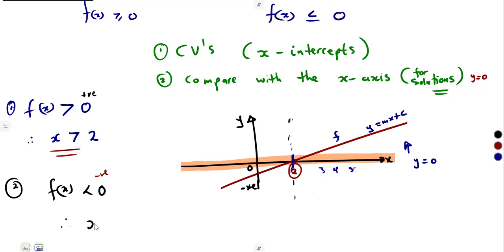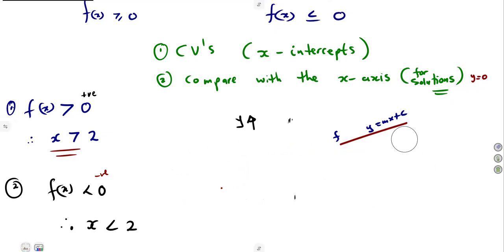So in our case, x is supposed to be what? These values, 1, 0, minus 1, minus 2, all these values going to the left, compared to 2, our x-intercept, our critical value, they are less than 2. So this is our condition. For any value that we take that is less than 2, our function is negative. So that is how you compare.